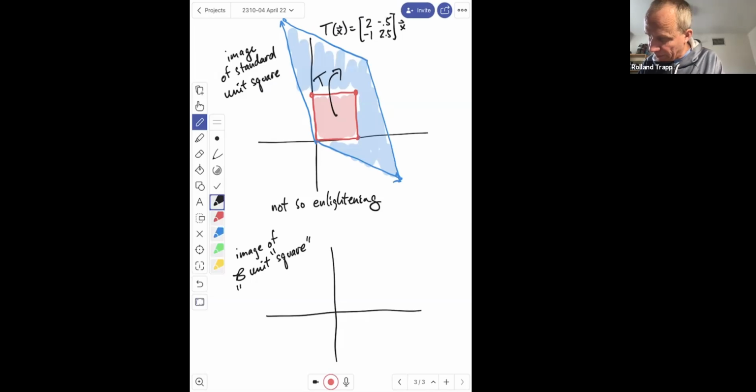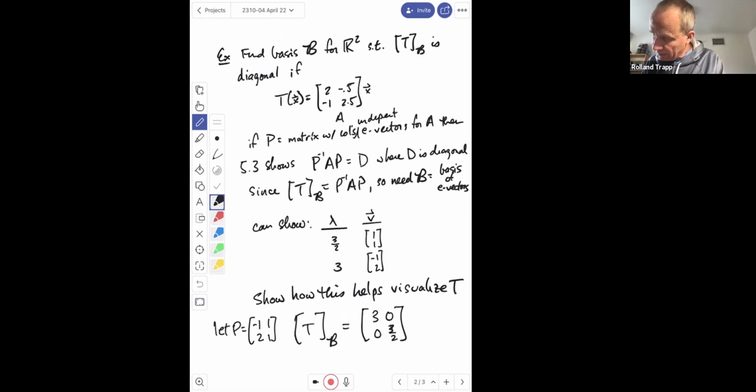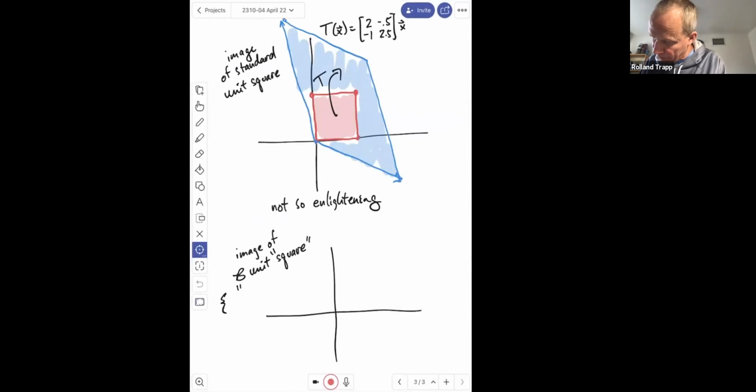The first vector is -1, 2, and the second vector was 1, 1.